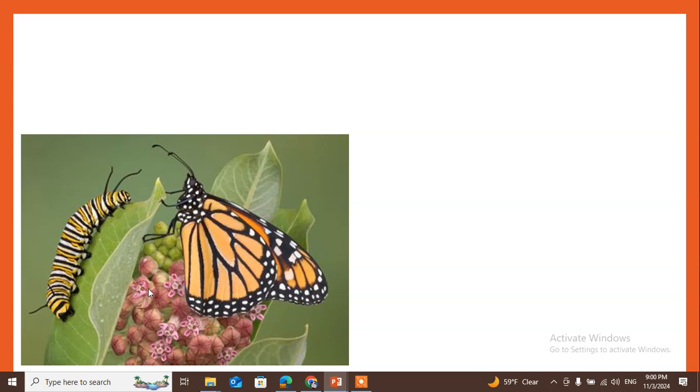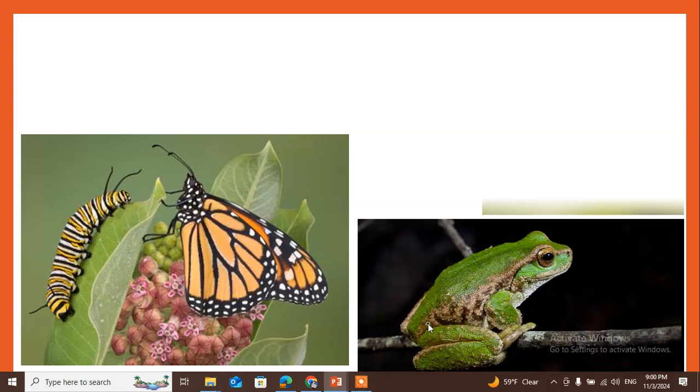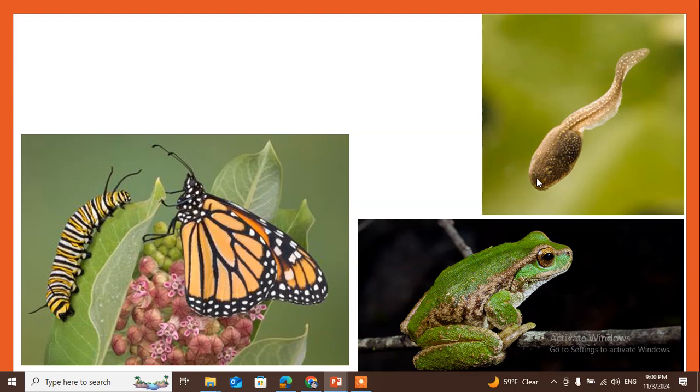So they are different. What about this adult frog and its baby? It's a tadpole. They look very different too. This adult frog has legs and he breathes with its lungs. It lives on land too. This tadpole lives in water, it has a tail, and it breathes with its gills.